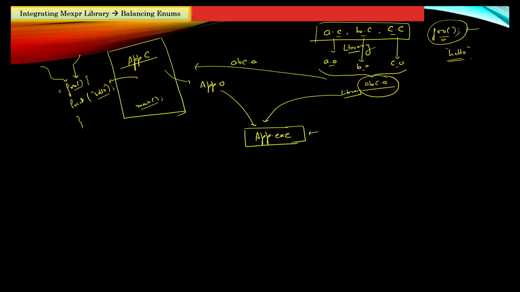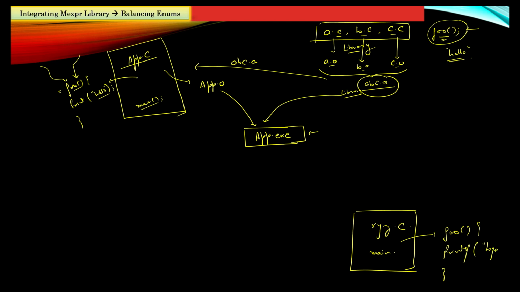Similarly, there is another application, let's say xyz.c. And since it's an application, it will have a main function. And this application also implements the function foo. And this function foo prints, let's say, bye. So now we will compile this xyz.c and it gets converted into the xyz.o object file. And now we will combine the xyz.o object file and the abc.a file together to create an executable xyz.exe.